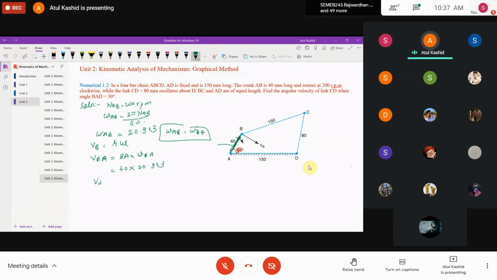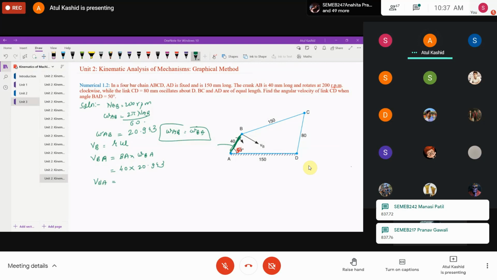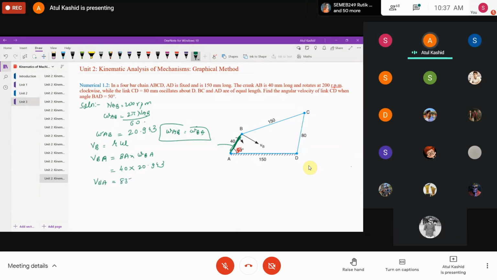So what is the velocity of B with respect to A? Quickly calculate this and reply in the chat box. It is 837.76 mm per second, or we can convert this into meters per second, which is 0.83776 meter per second.